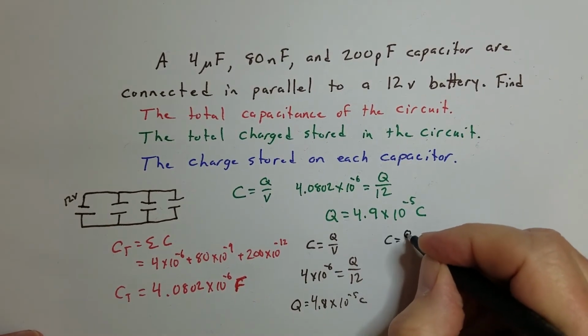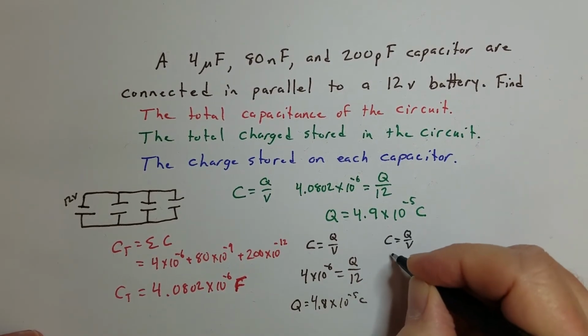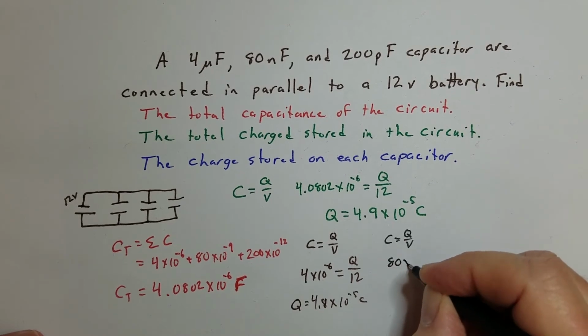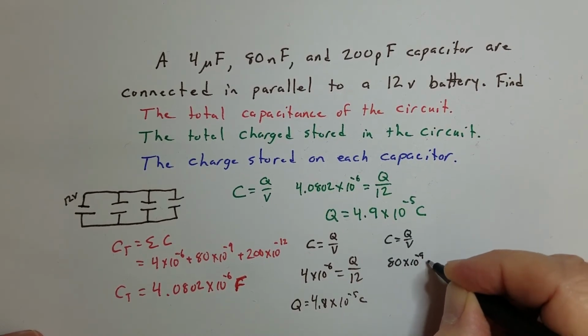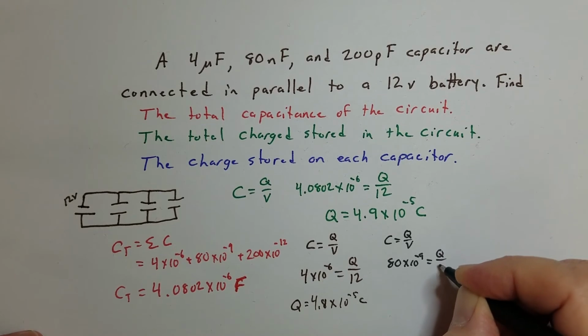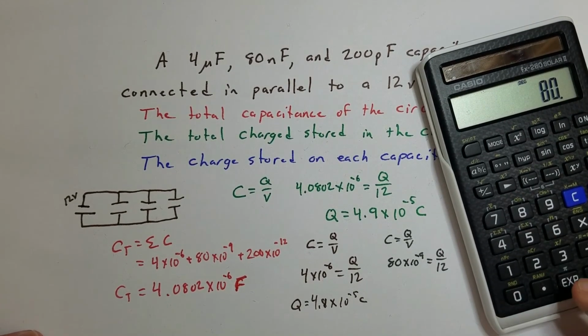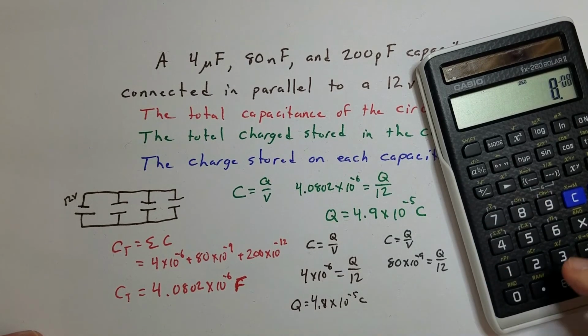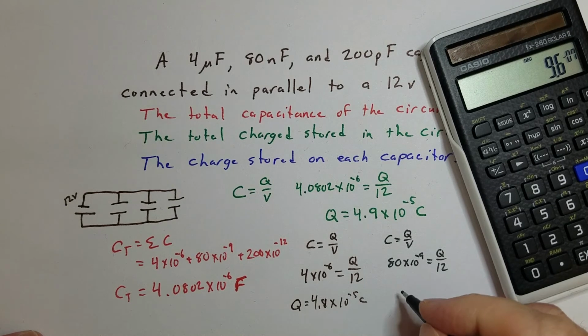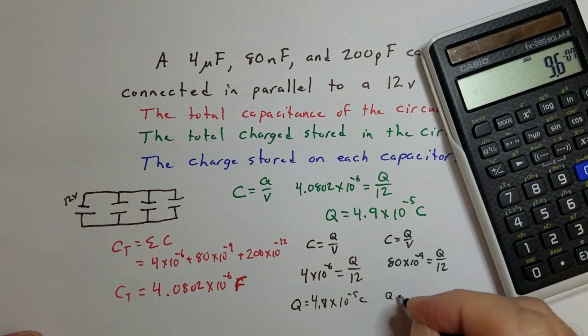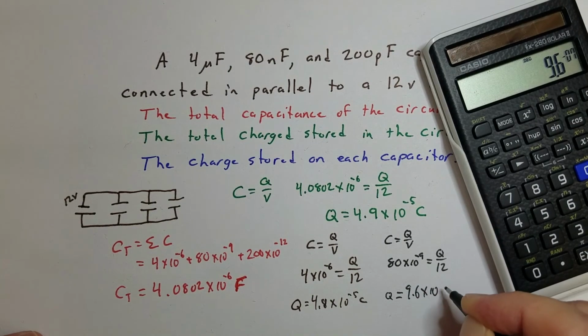C equals Q over V for the second one, so 80 times 10 to the minus 9 equals Q over 12. And we get 80 times 10 to the negative 9 times 12 equals a charge on this one of 9.6 times 10 to the minus 7.